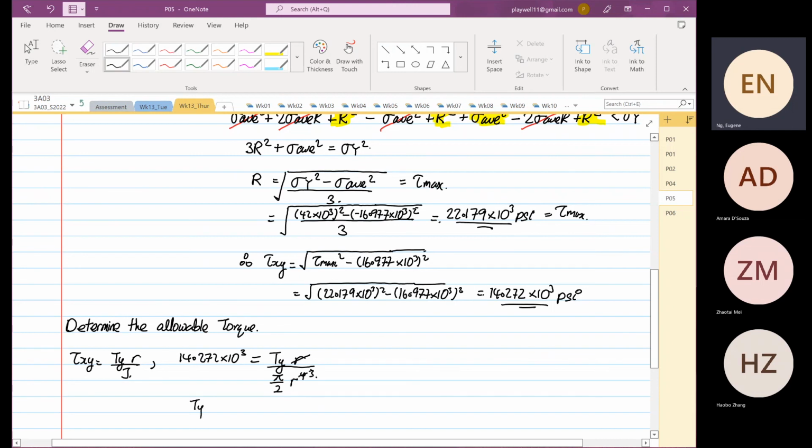So T is equal to 14.272 times 10 to the power 3 multiplied by pi over 2 multiplied by the radius, which is 1.5 divided by 2, cubed.